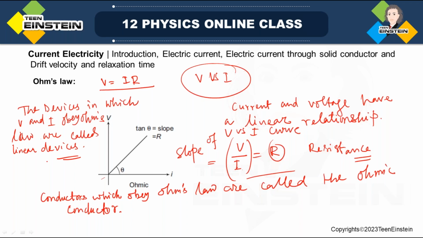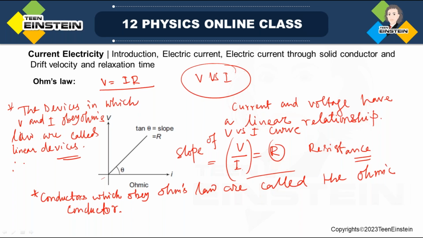Linear devices. This is about Ohm's law and the conductors which obey Ohm's law. They are called ohmic conductors, the devices in which current and voltage have a linear relationship, or current and voltage obey Ohm's law.